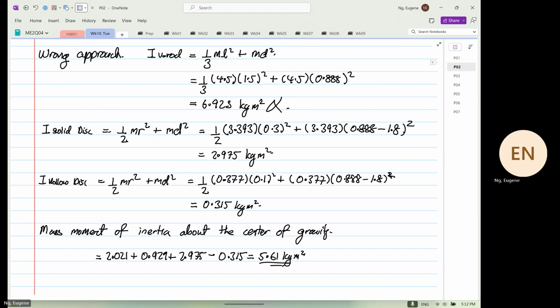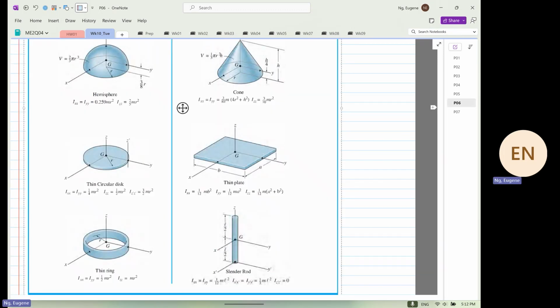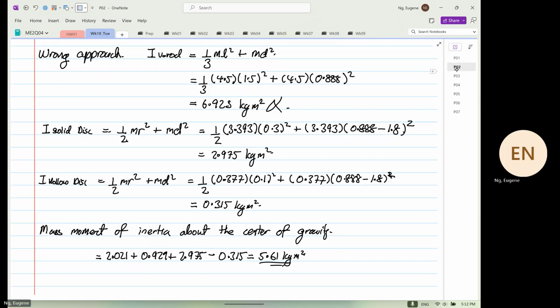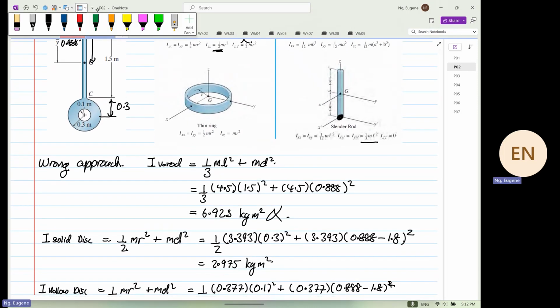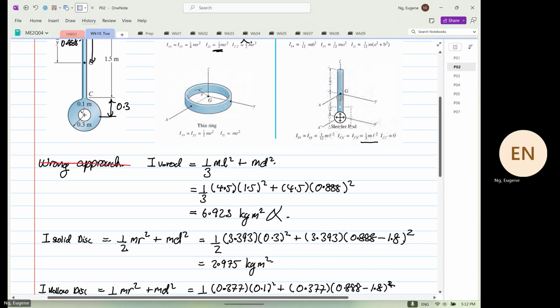Straightforward, easy. Okay, so in your final exam, I will provide you with this table. So expect to see this. So like when we're referencing my notes, we don't get confused.